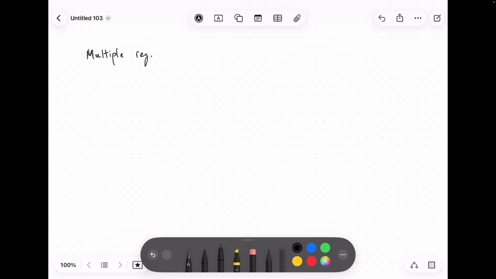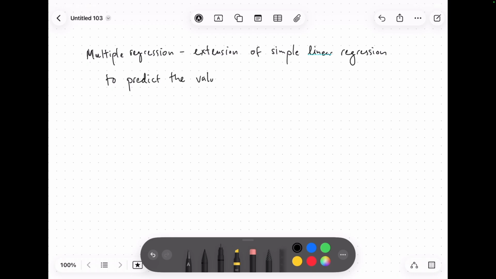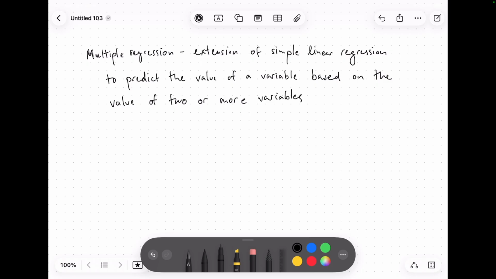Multiple regression is an extension of simple linear regression to predict the value of a variable based on the value of two or more variables. Okay.